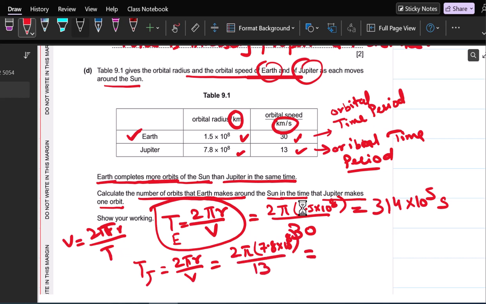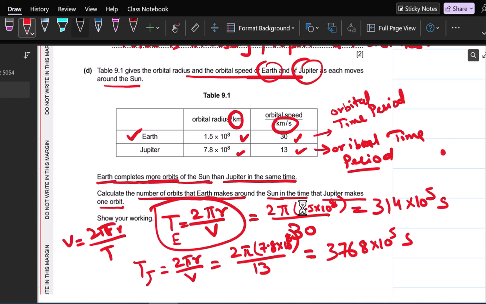So 2 times 3.14 times 7.8 times 10 power 8 divided by 13. I am getting 3768 times 10 power 5 seconds. So Jupiter's time is greater, and the time Earth takes to orbit is smaller.